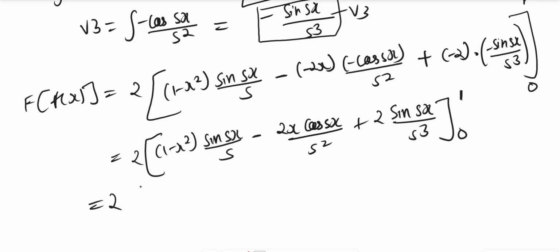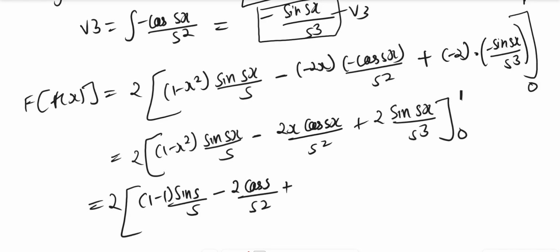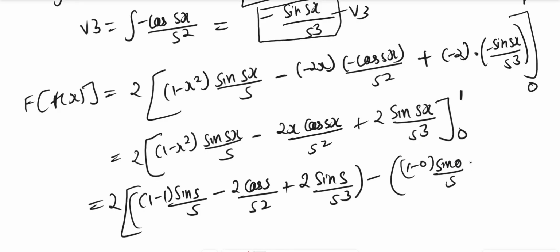Now put the limit. Upper limit 1: it is 2 in bracket (1 minus 1) sin s upon s minus 2 cos s upon s square plus 2 sin s upon s cube. Now put the lower limit 0: (1 minus 0) sin 0 upon s minus 2 multiply 0 cos 0 upon s square plus 2 sin 0 upon s cube.